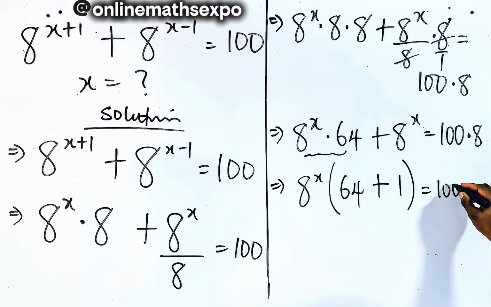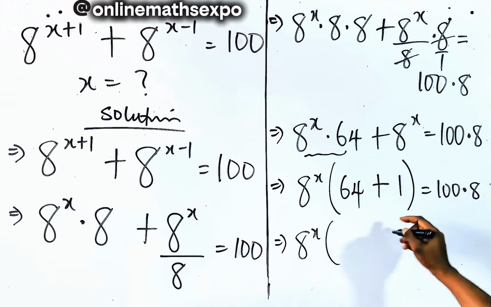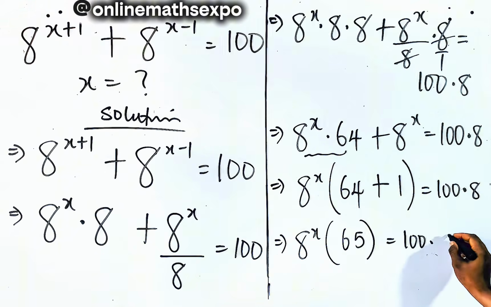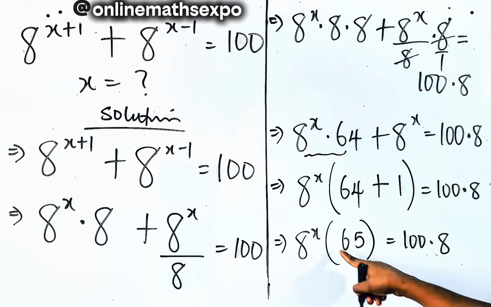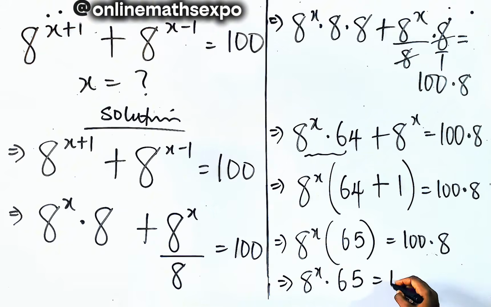Is equal to 100 multiplied by 8. Now we keep simplifying. A to the power of x, add this, it gives you 65, and is equal to 100 multiplied by 8. Now remember that to remove bracket is the same as to multiply. So this is the same as this, and is equal to 100 multiplied by 8.